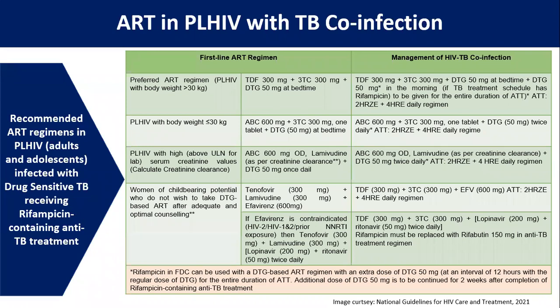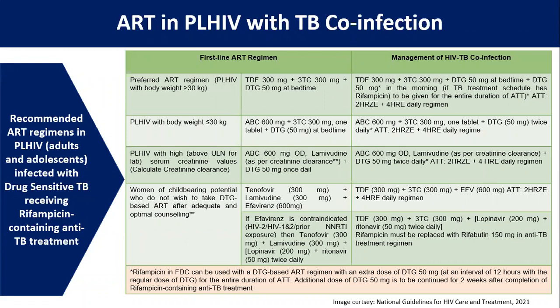And the HRZE, as we said earlier, in case of nephrotoxicity or renal compromise, the last two require dose titration, that is pyrazinamide and ethambutol, and we give it as thrice a week.